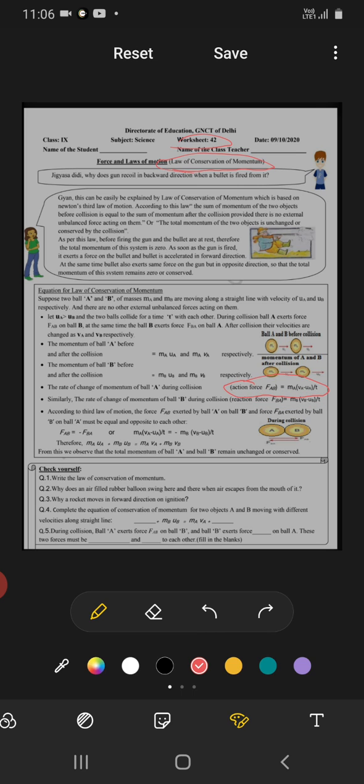Then according to the third law of motion, the two bodies exert force on each other in equal and opposite direction.